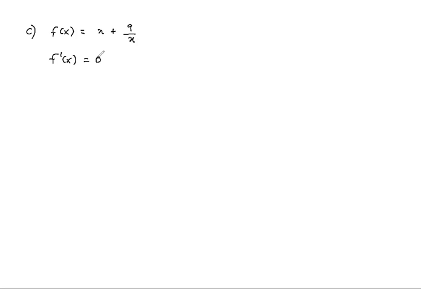So the derivative of f, in this case, f can be written as x plus 9x to the negative 1. So to differentiate f, we'll get 1, the derivative of x, minus, we drop the power, 9x to the negative 2. This can be written as 1 minus 9 over x squared. Then we equate it to 0.